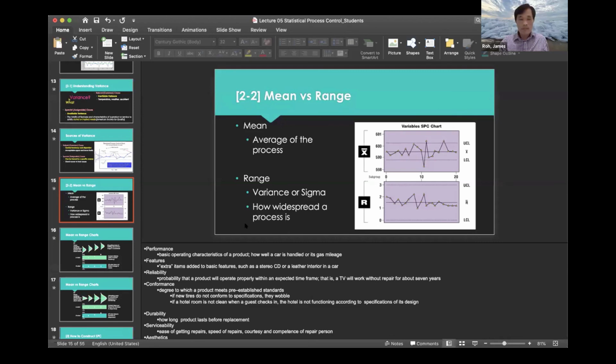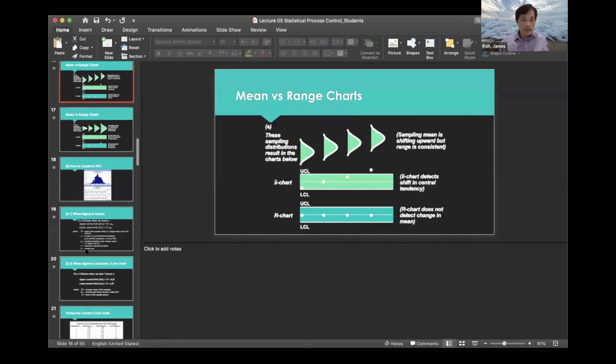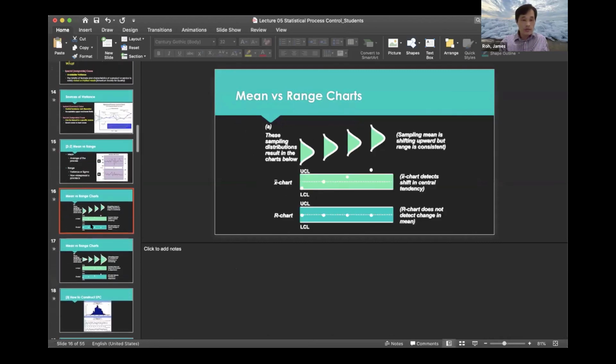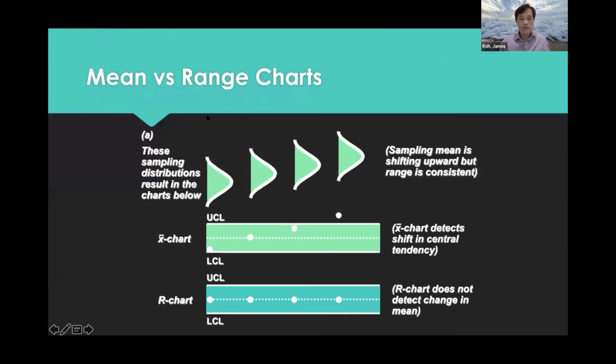Let me take an example. If I reinforce what I said, here, mean versus range, you see that in this process the range is stable. The range from top to bottom is steady, the same actually.